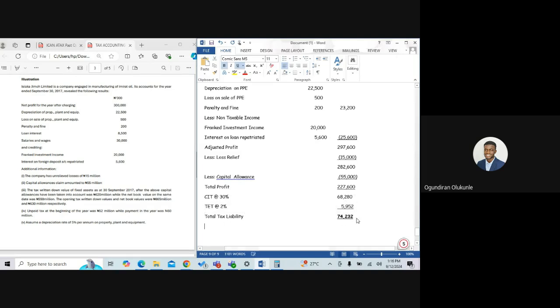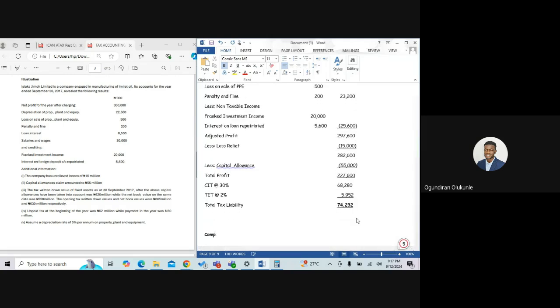So now to compute deferred tax, Abby, computation of deferred tax.